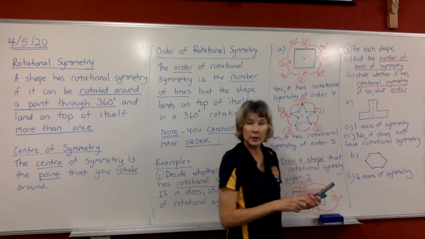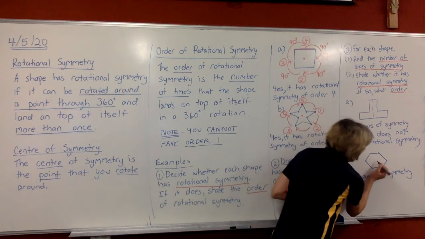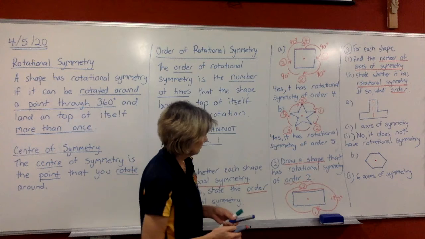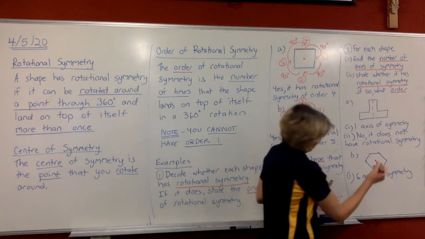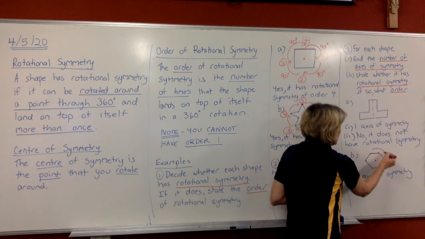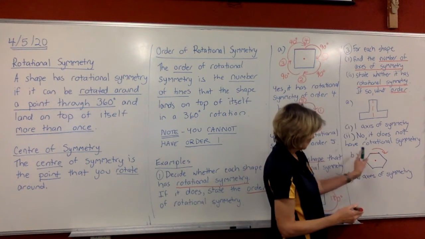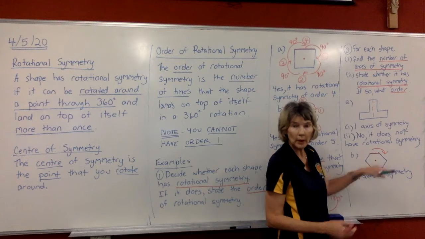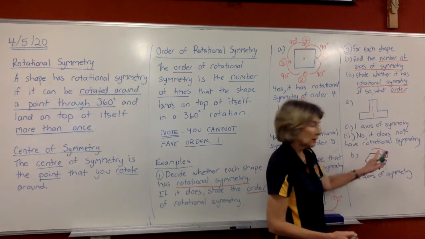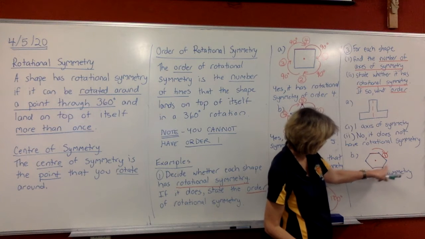Okay, so we're doing rotational symmetry, so the centre of the symmetry will be right in the middle, and we're going to rotate. Let's look at this side. If we start to spin clockwise, we'll spin it a little bit, and that side will actually land on top of that side. So that's one. Continue to spin, and that side will move to here.